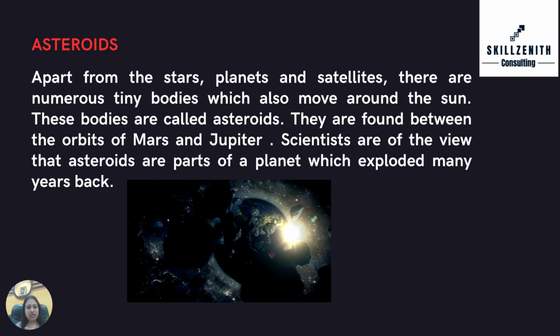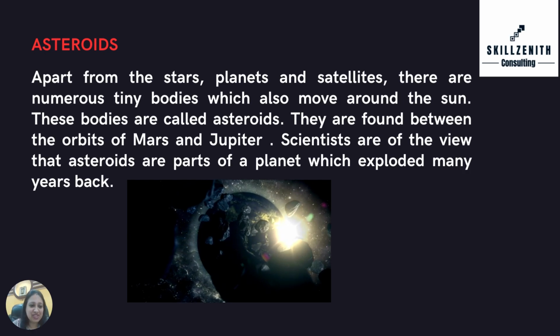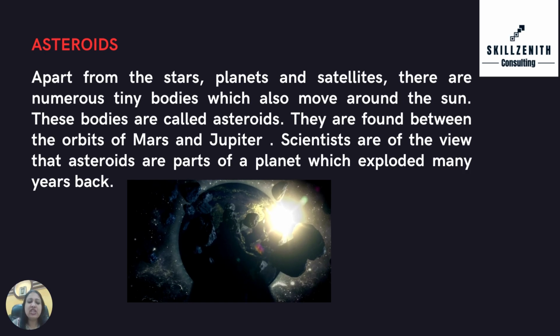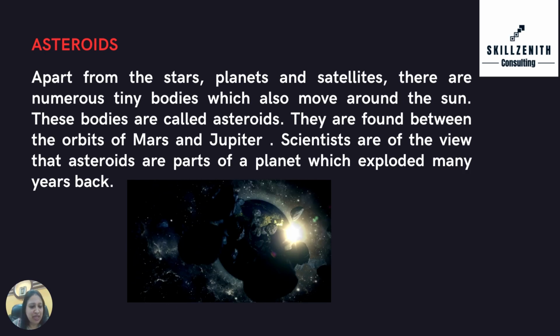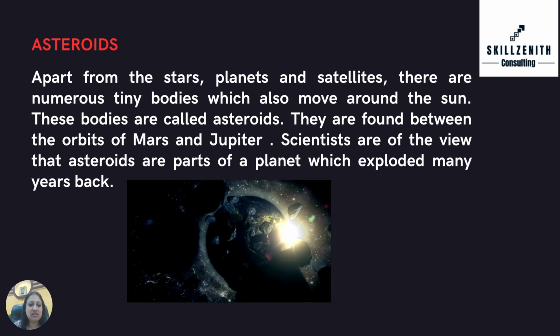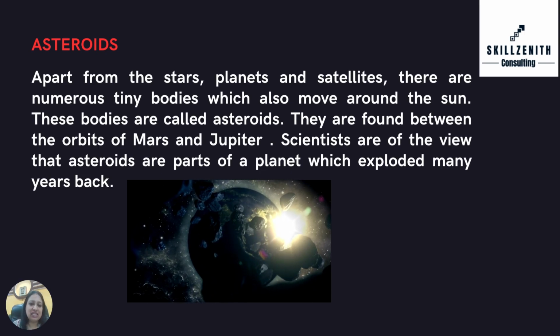Now let's learn about asteroids. I'm sure all of you are curious to know about this. Apart from the stars, planets, and satellites, there are numerous tiny bodies which also move around the sun. Of course, we know the planets move around the sun, but apart from planets, there are also other tiny things that move around the sun. These bodies are called asteroids.